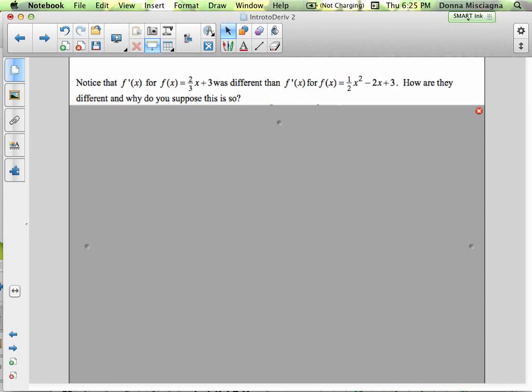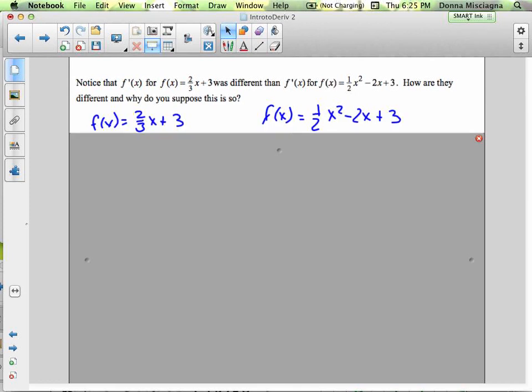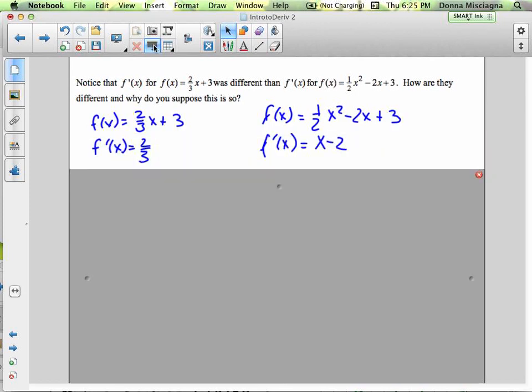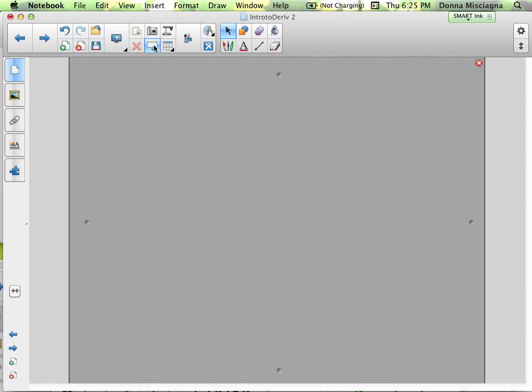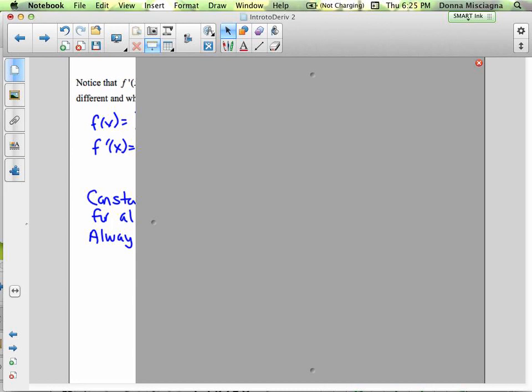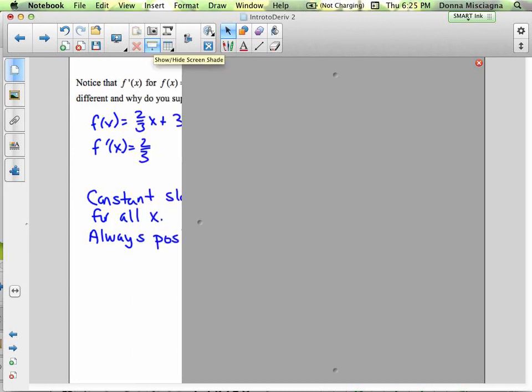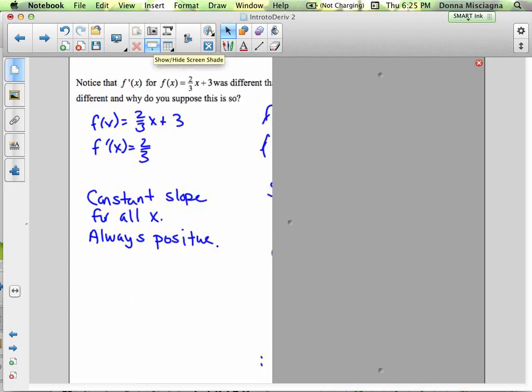There we go. All right, so the derivative for the function f of x equals 2/3 x plus 3 was 2/3.